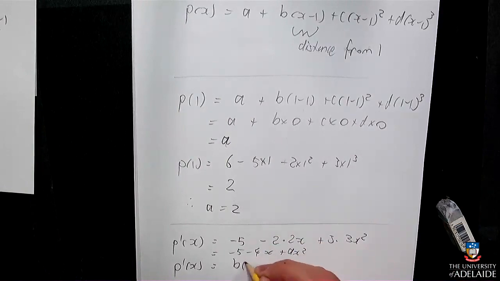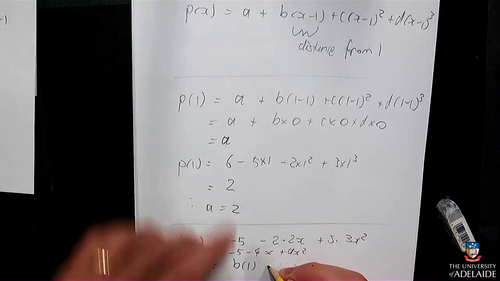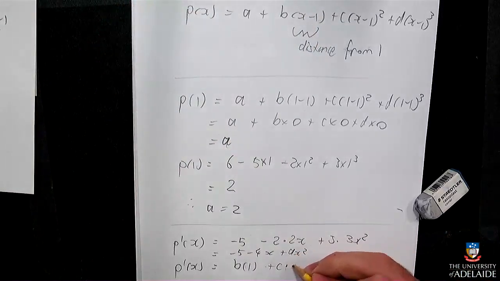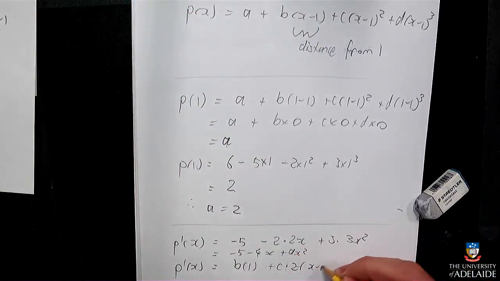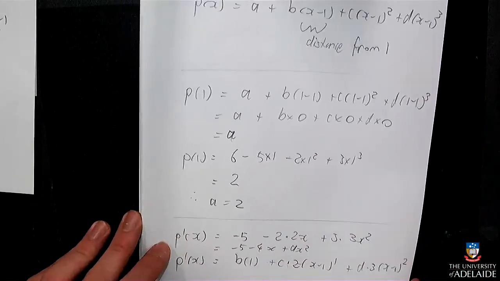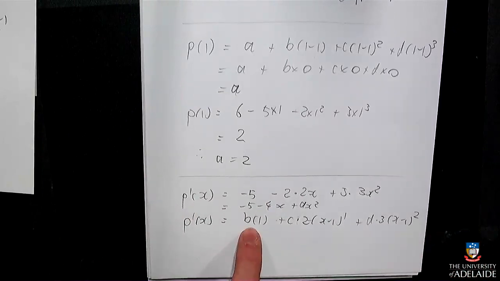Okay, so we'll have b times 1 plus c times 2 times x minus 1 to the 1 times the derivative of x minus 1, which is 1, plus d times 3, like that. And if I sub in 0, because there's a b times 1 here, no, I don't want to sub in 0, I want to make those things 0. I'm going to have to sub in 1.